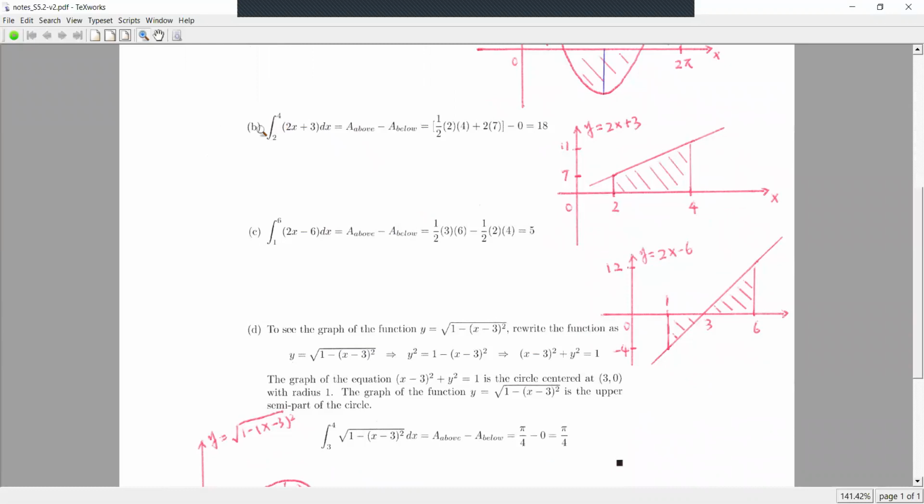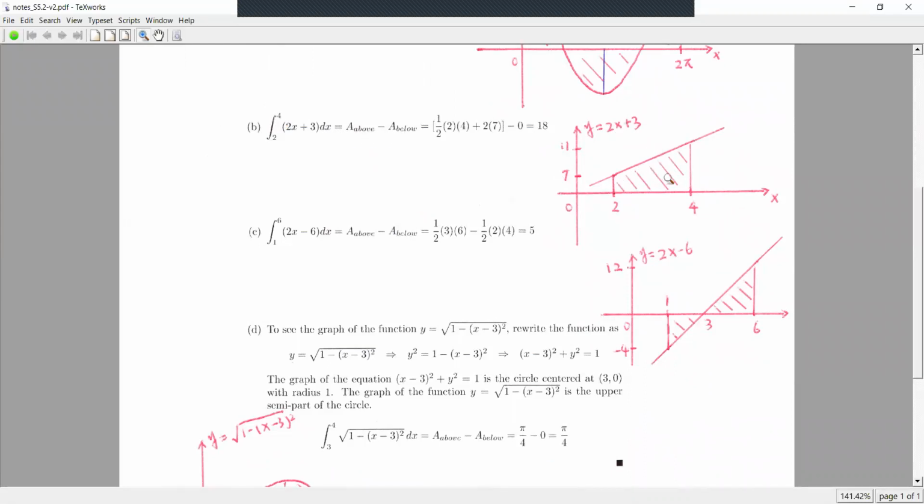Now, this integral is the area of the region between the graph of the function and the x-axis and between 2 and 4. The region is this shaded region here. Now, the integral is area above minus area below.